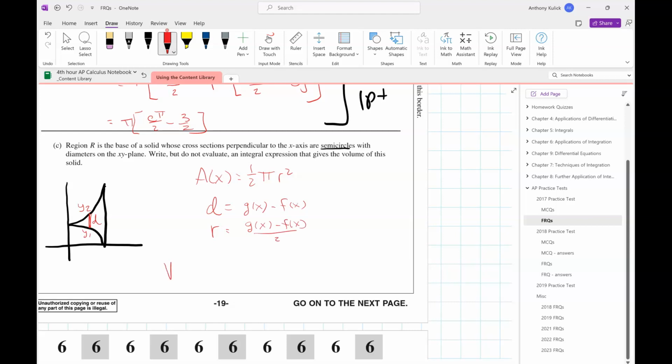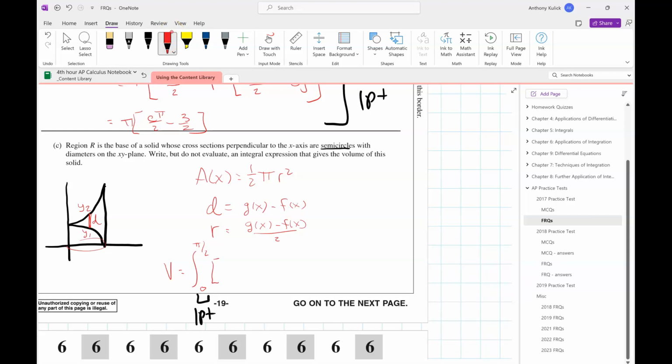So my volume should be the integral from what to what? If our cross sections are perpendicular to the x, we're going to be moving along there. That was 1 point for getting the bounds.